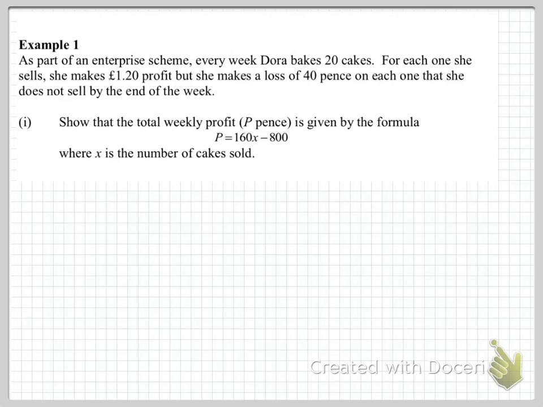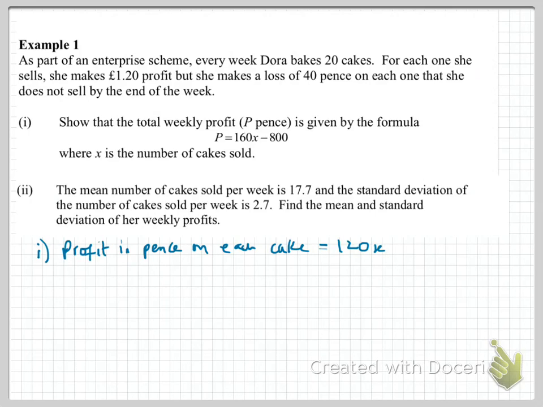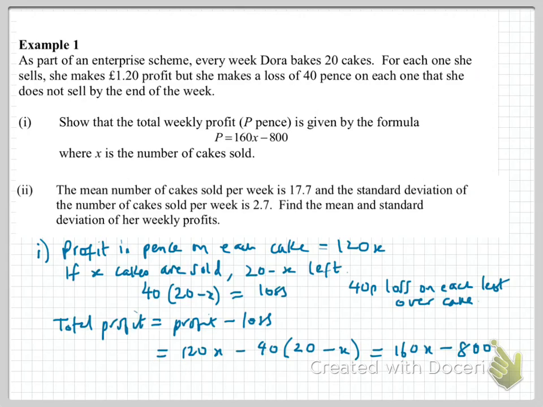Right, so maybe we should set this up. Firstly, the profit in pence on each cake is 120x for x cakes sold, and what's left over will surely be 20 take away x. And so if 40p is lost on each cake, then our loss is going to be 40 times 20 take away x.